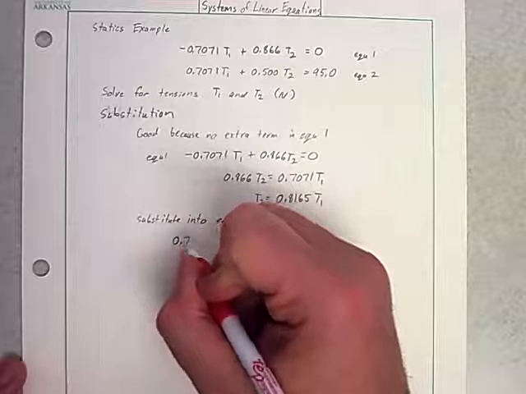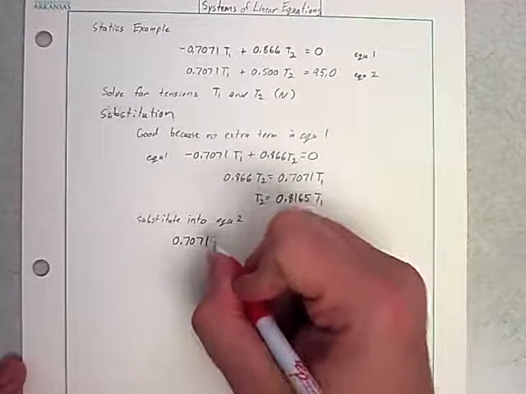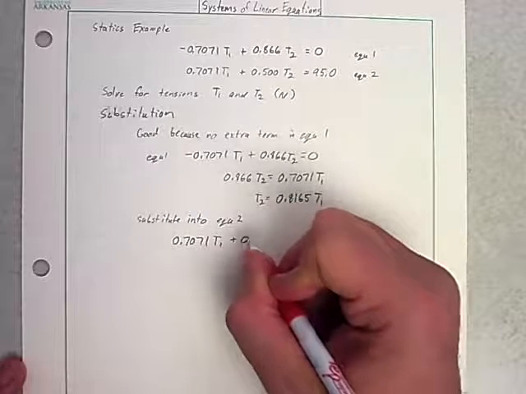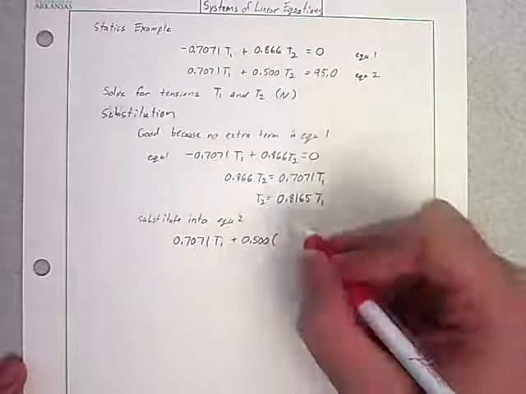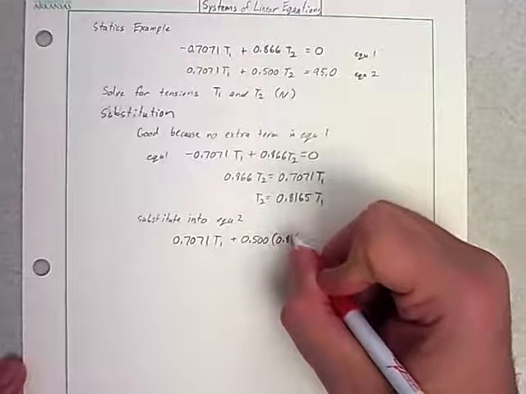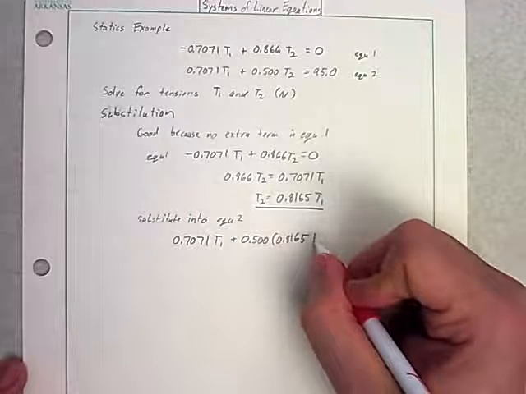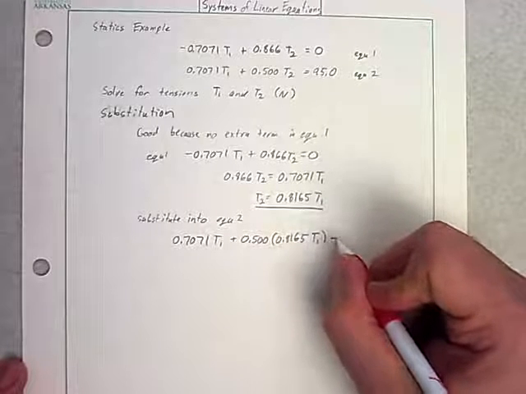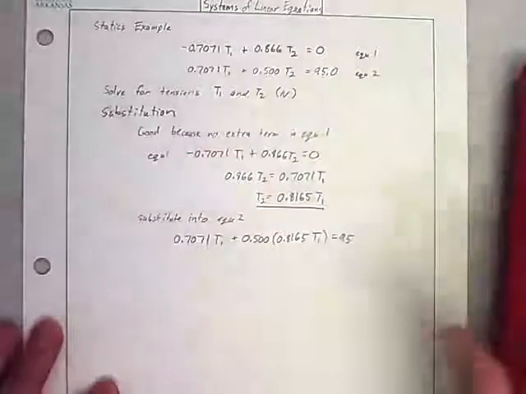They're not helpful. 0.7071 times T1 plus 0.5 times, now instead of T2, I'm going to write it as 0.8165 times T1. And that equals 95.